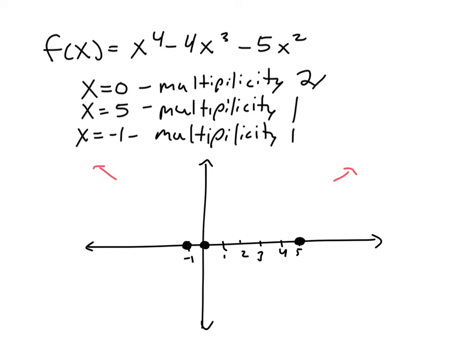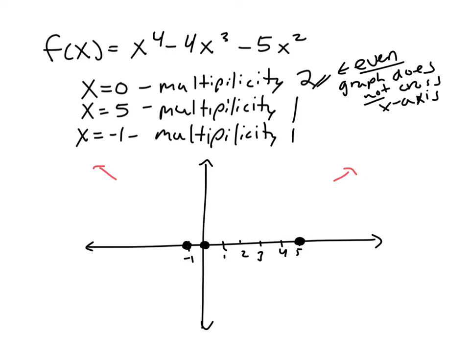such as 2, the graph touches but does not cross the x-axis. And when the multiplicity is odd, such as 1, then the graph crosses the x-axis.